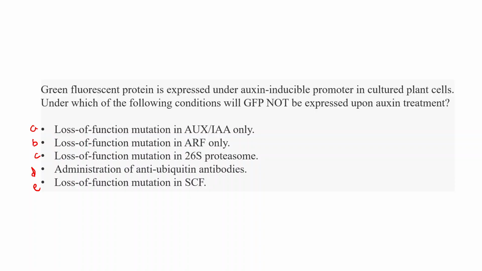Okay. So let us try to understand this question. First of all, let's have some basics of auxin signaling. When auxin is present, it promotes ubiquitination and degradation of the AuxIAA repressor.